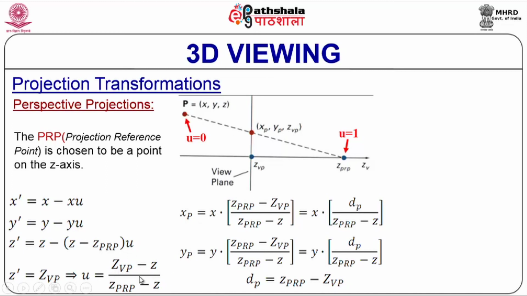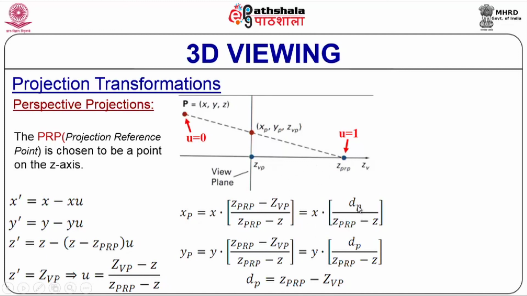Now we have the value of u, and the next step is to substitute the value of u in the remaining two equations for x dashed and y dashed. For that value of u we are on the view plane. So when you substitute u as (zvp minus z) by (zprp minus z) here, x dashed becomes xp, y dashed becomes yp. These are the two equations for that, and you can reduce this further as this distance can be considered as dp.